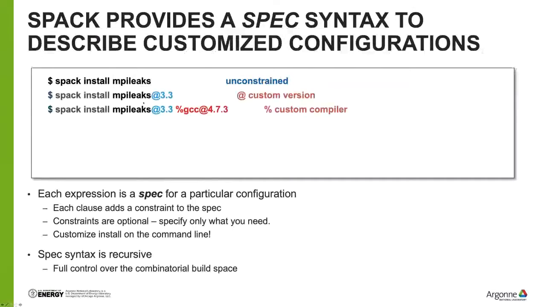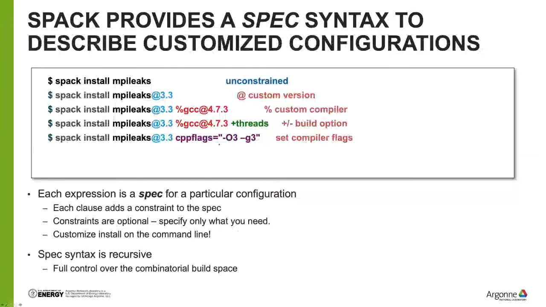There are things that you can specify, some constraints that you can add. Let's say you want to build at a particular version, with a particular compiler, or with a particular option, for example, the threads option, which is something that Spack will understand based on what information Spack has about that package.